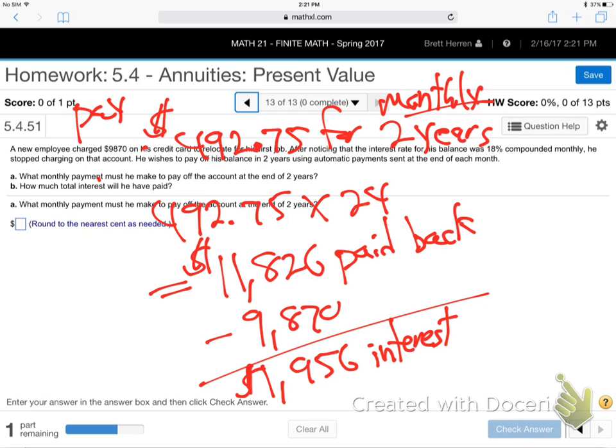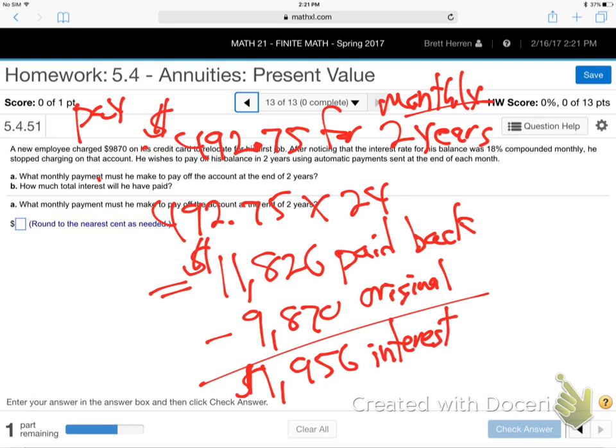That was the original. Why did he have to pay more back? Because they're charging 18% interest. So he paid almost $2,000 in interest on a just under $10,000 loan. Realize that's about 20% interest. Well, it's 18%, right? Compounded over 2 years. He paid about 20% for that.